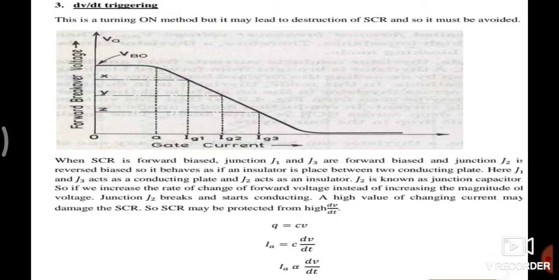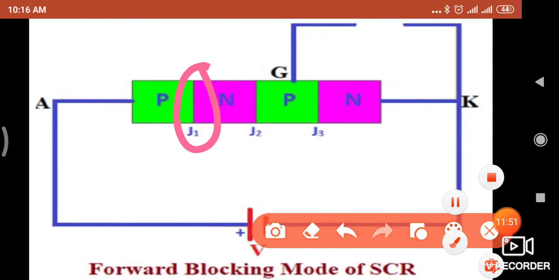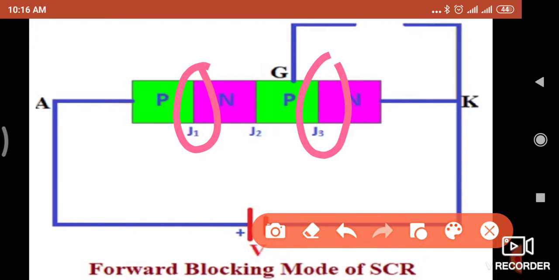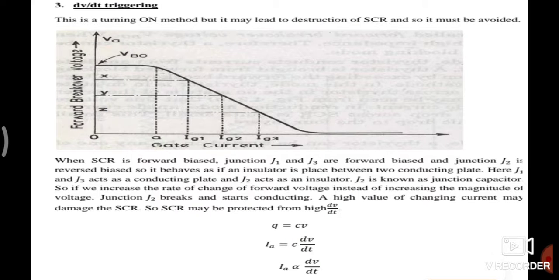In forward bias condition, J1 and J3 are in forward bias and J2 is reverse biased, and J2 acts as an insulator between J1 and J3. J1 and J3 are in conduction mode and contain some charge, so at the center J2 acts like an insulator. If we observe the whole structure, it acts like a capacitor, with two parallel plates separated by a dielectric medium. Here we are applying the same concept.